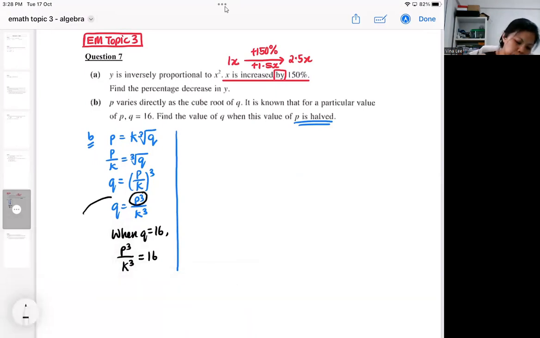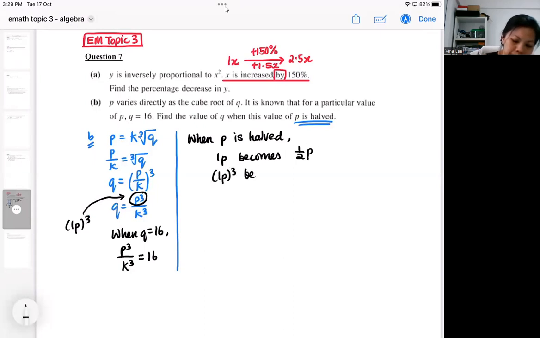When you are doing the cube, you are doing a cube on 1p. When the value of p is half, that means original 1p has become half a p. Originally you cube 1p, it will have become half p cubed, and that is essentially 1/8 p cubed.